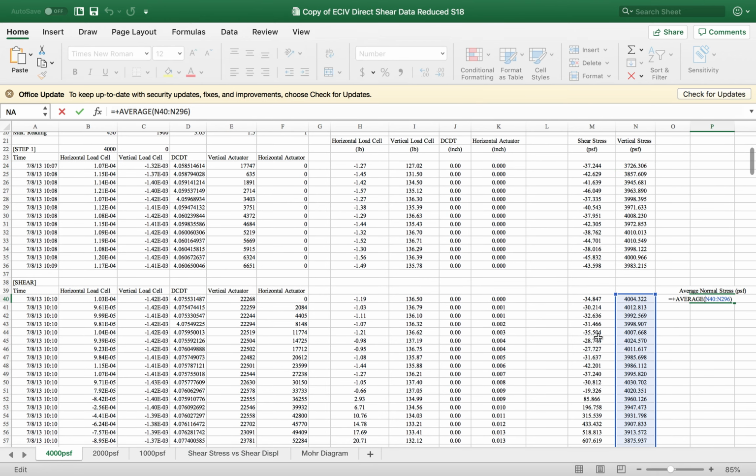So 503, that's going to be our C. That's going to be our intercept. So that's going to be our cohesion, in PSF. This value right here, 0.7525, is our phi.